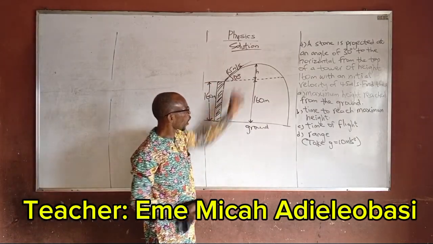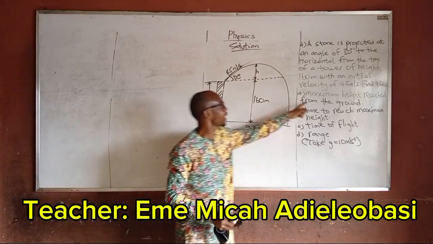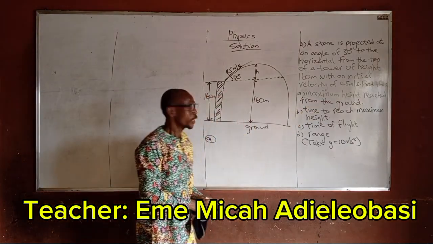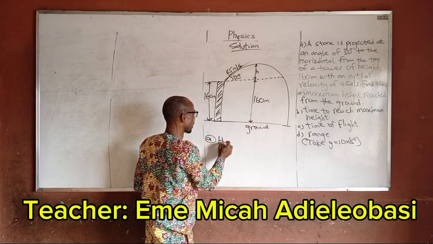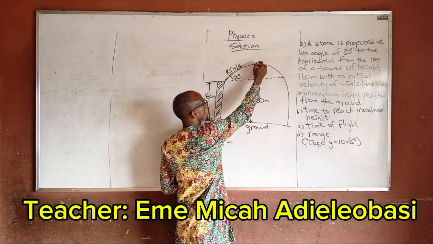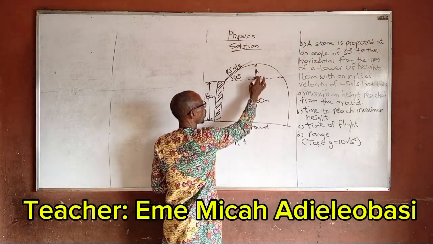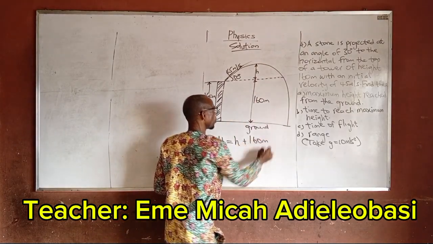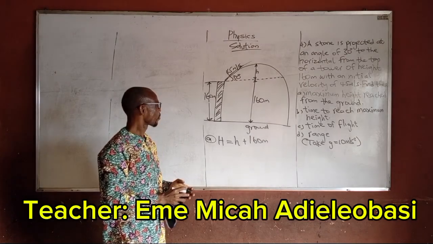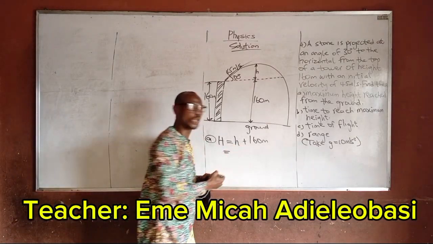Now how do we get A, our maximum height reached from the ground? Let me use capital letter H. It will be this small h here plus our 160 meters. And how do we get the value of our small h?